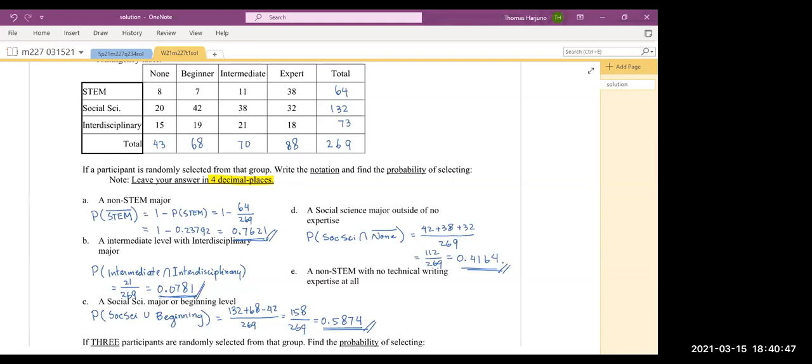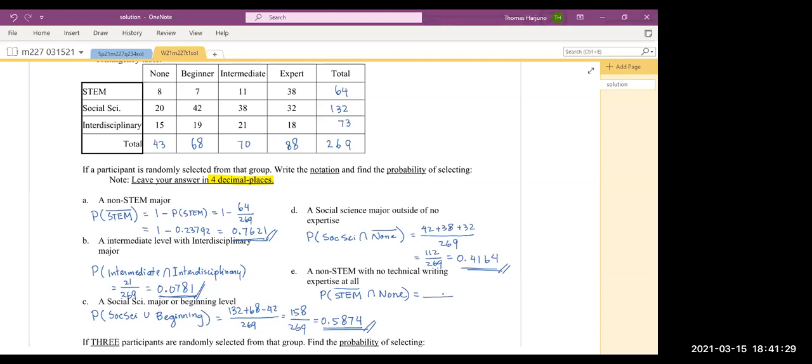Okay, part E. Probability of selecting somebody with non-STEM and no technical expertise at all. What are those? So would that be everything outside of STEM and the expert column?